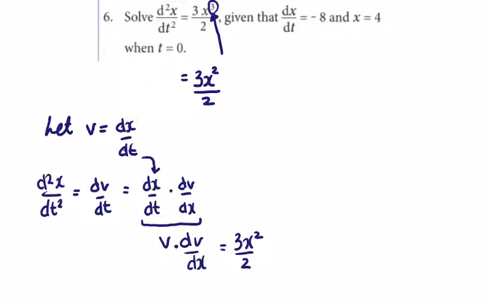So if we multiply by 2, we get 2v dv is equal to 3x squared dx. So if we integrate, we're going to get, well, put in our values, dx/dt, which is our v part, is minus 8, and x is 4.